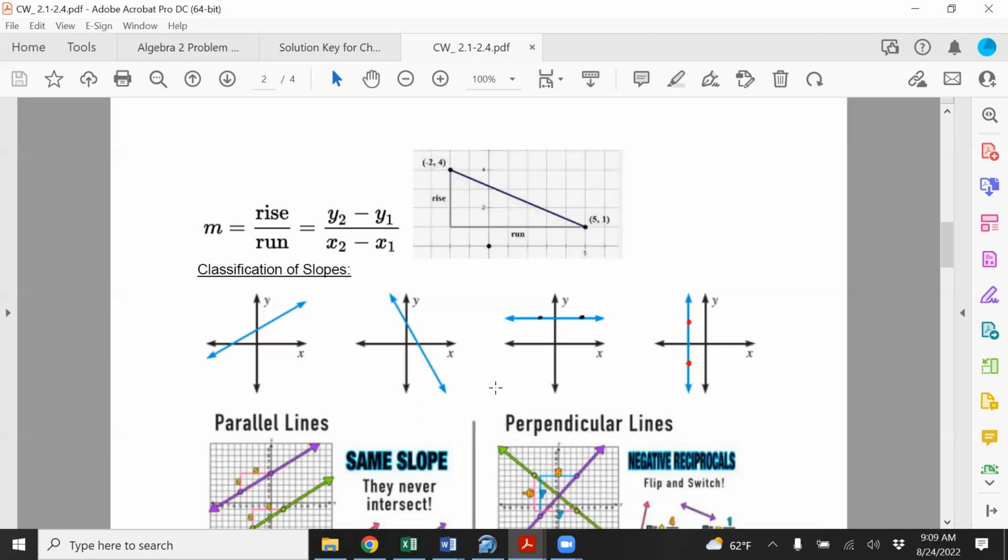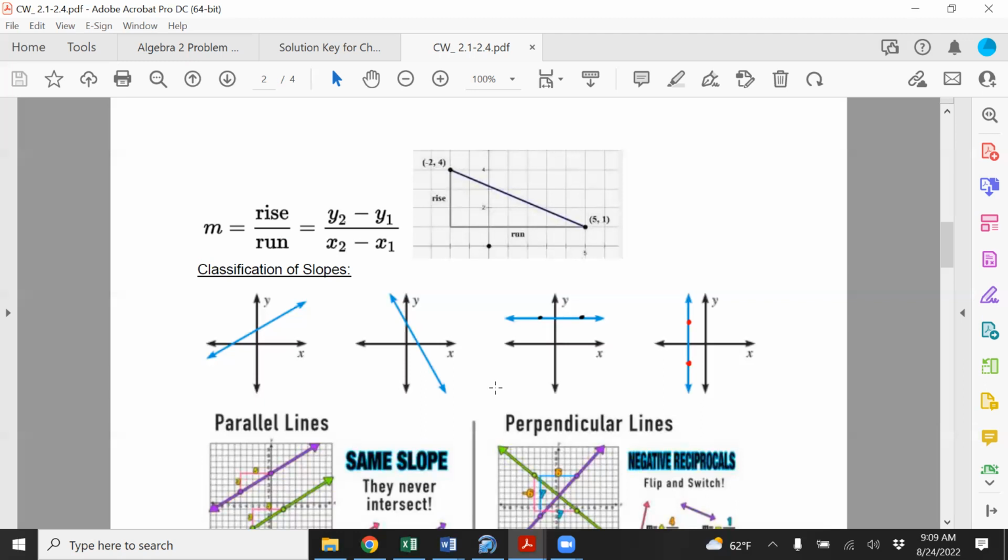And we call it rise over run because either you're rising and running this way, or you're falling and running that way. So here we have 4 types of slopes. This would be positive. This would be negative.